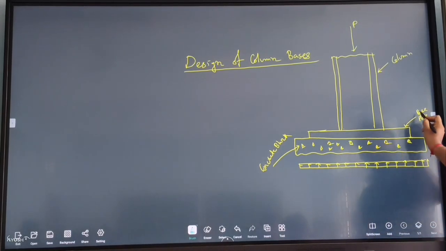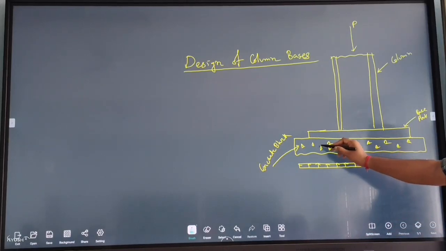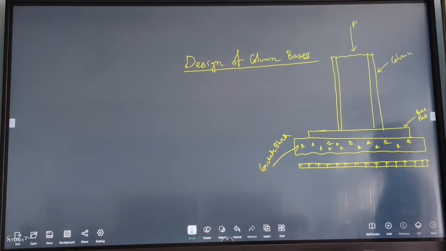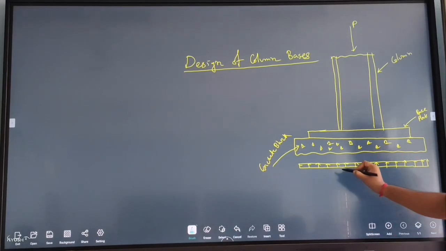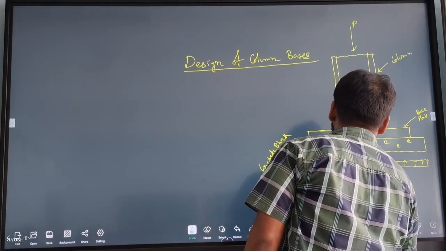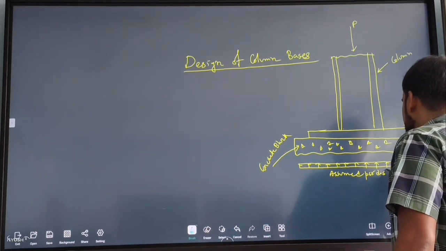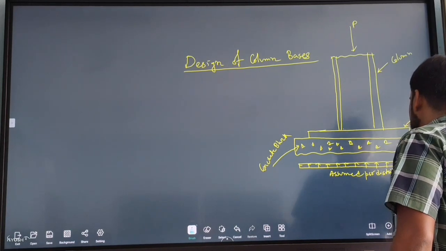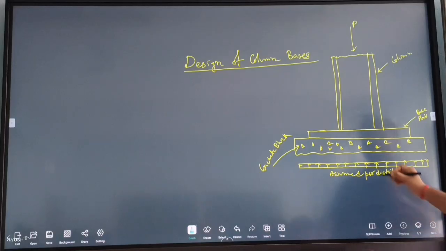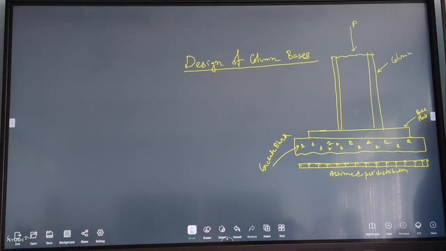So a uniform pressure distribution will be there below the steel base plate. Assume the pressure distribution is uniform from the concrete below.